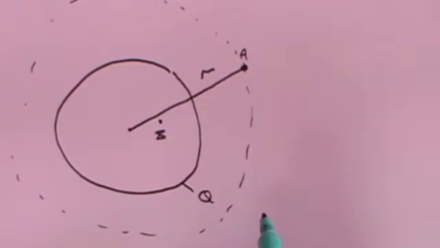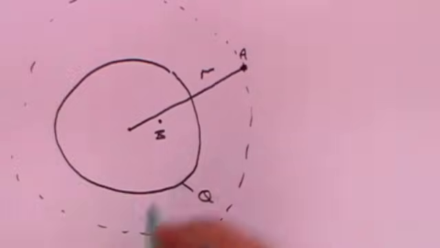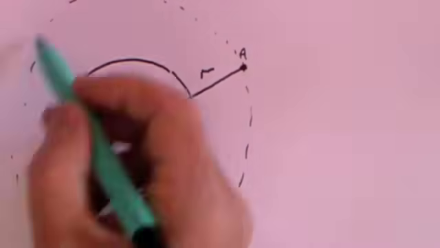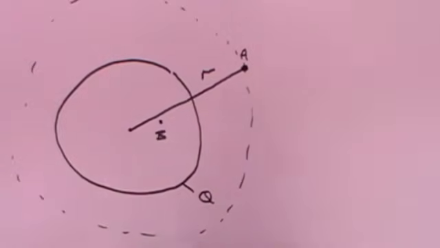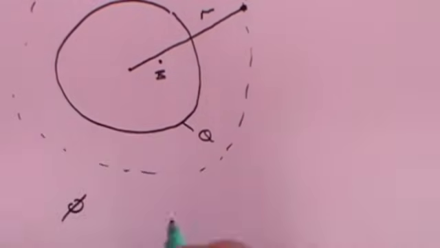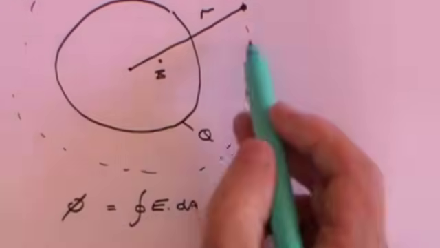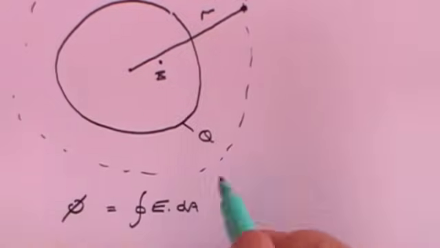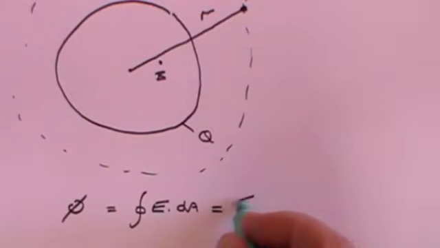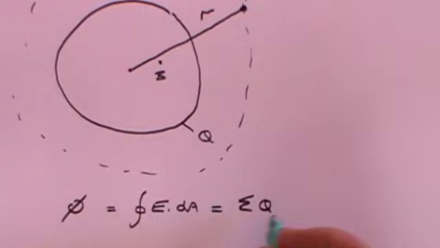Gauss's law tells us that the amount of flux which passes through the surface of this large sphere is going to be equal to the integral of E dot dA, that's the electric field through the total surface area of the sphere, and that will equal sigma Q over epsilon.